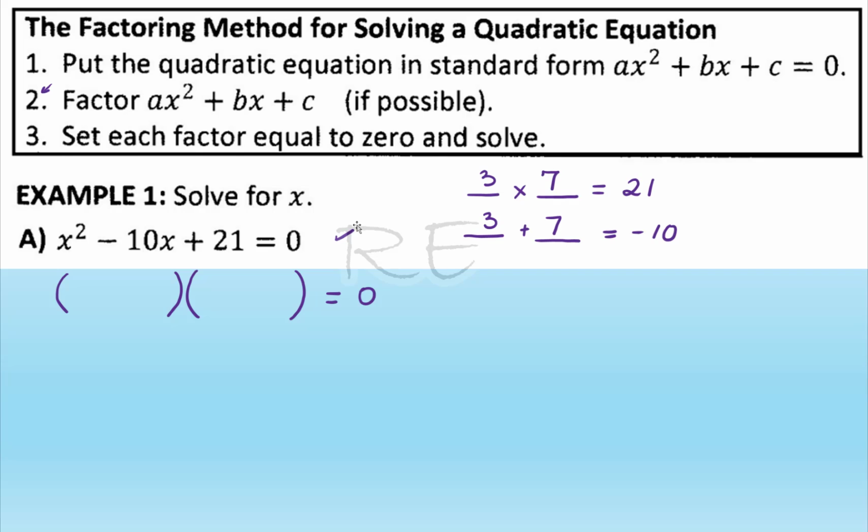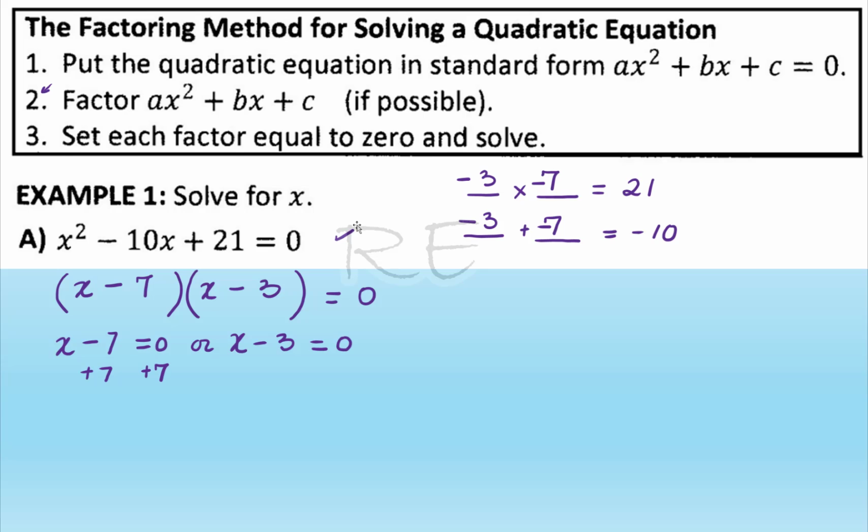Now the signs: because the product is positive, both signs are the same, so both signs are going to be negative since the sum is negative. So the factors are x minus 7 times x minus 3. x minus 7 is equal to 0 or x minus 3 equal to 0. We set each factor equal to 0.